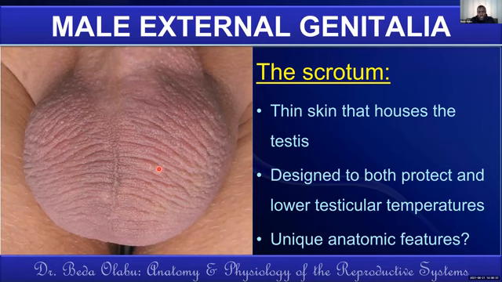The dartos muscle contracts when it's cold, like the one we are seeing here, which is contracted, and so the skin is wrinkled. And then when it is hot, the dartos muscle relaxes so that the skin of the scrotum stretches out to promote heat loss. Well, the men will also tell you that there are a lot of sweat glands in this region to facilitate the process of heat loss.